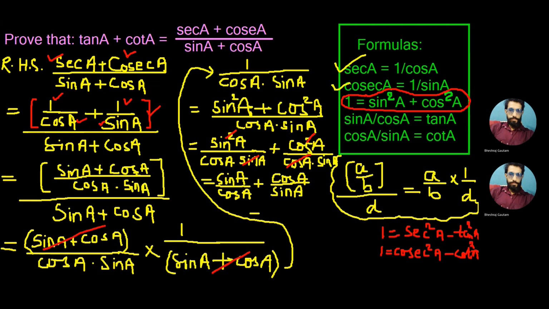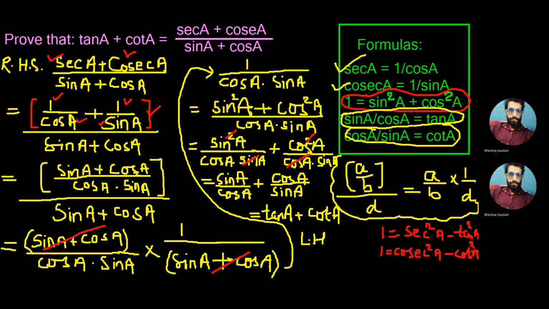And finally, sinA by cosA is equal to tanA, and cosA by sinA is equal to cotA. So this is what we need to prove as our left hand side.